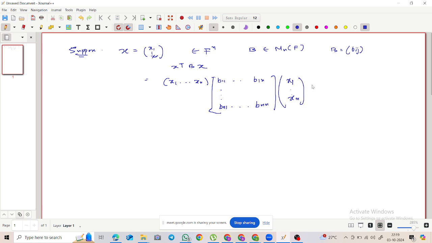Once you compute this, you will actually get the summation, i running from 1 to n, of b_i1 x_i, comma, b_i2 x_i, and so on up to x_i.